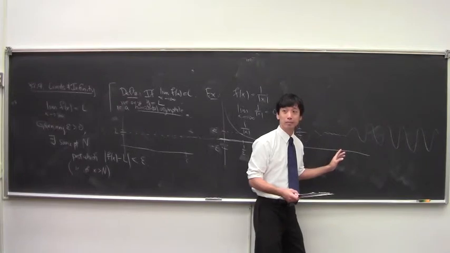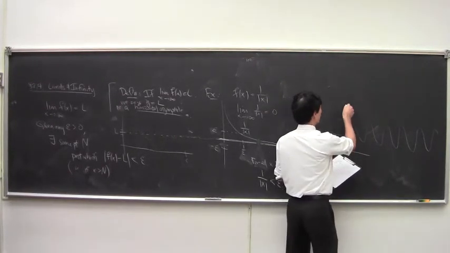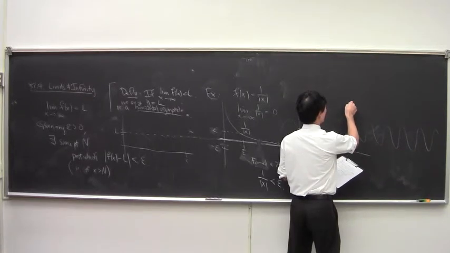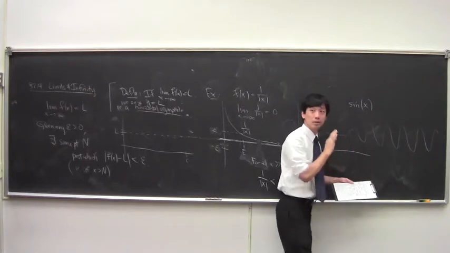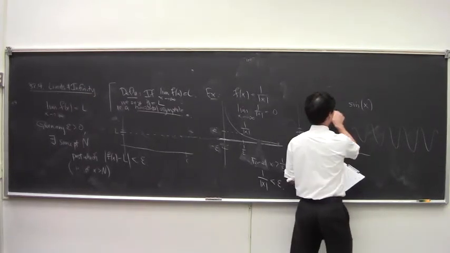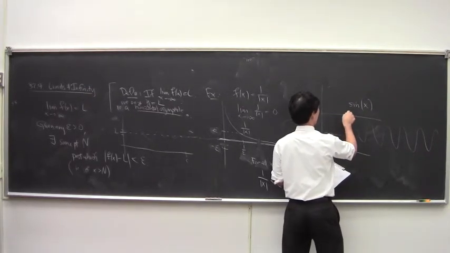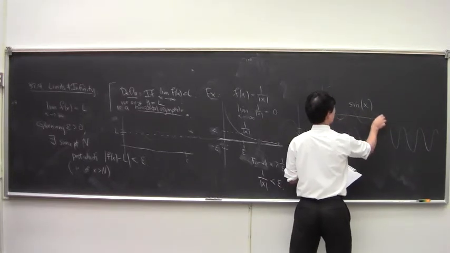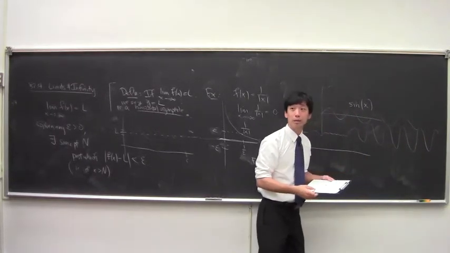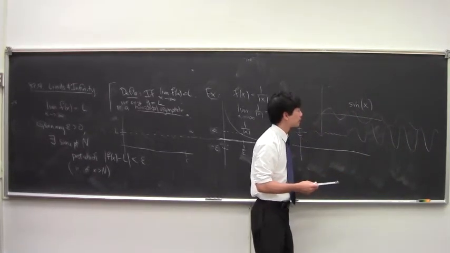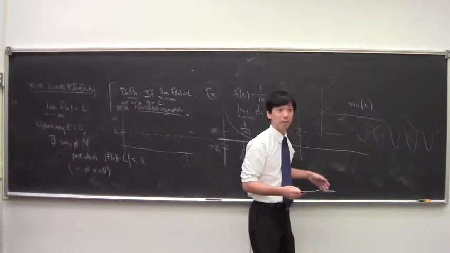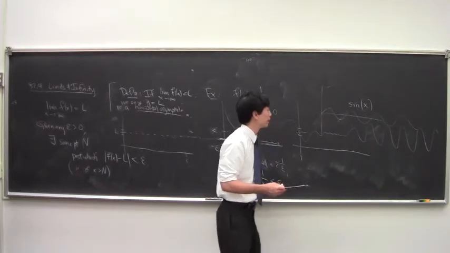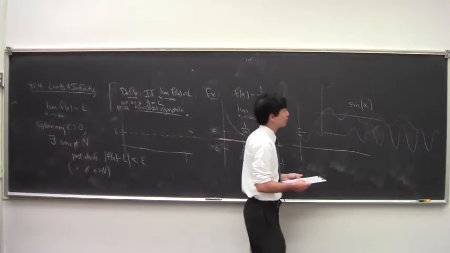So what about sine x over x? Does that not have a limit? If you look at sine x itself, as x goes to infinity, that's going to be like this. No limit. What value would be the limit? Well, 0, because it's like the limit.